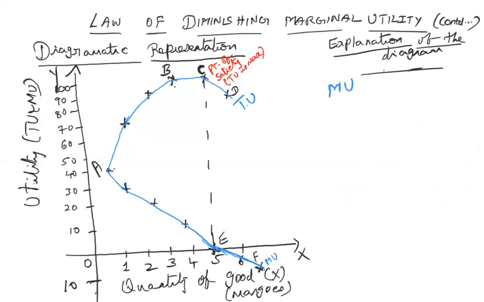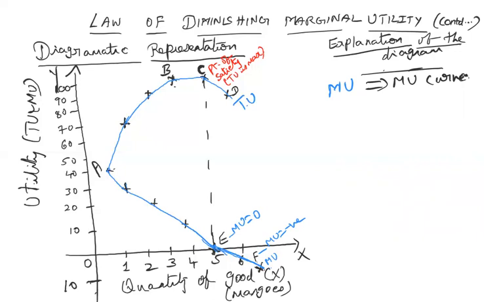So you can mention here at this point, MU is equal to 0. At point F, MU becomes negative. The more information you give in the diagram itself, the better. So the MU represents the marginal utility curve.